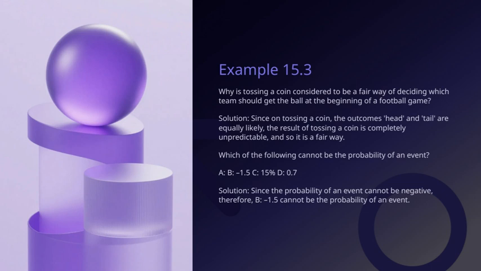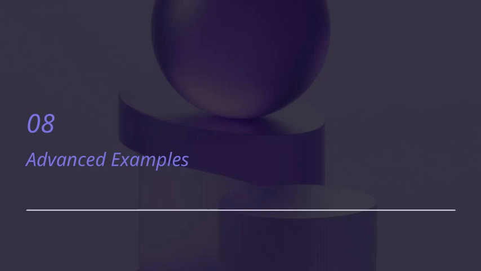This ties into the broader theme of probability, understanding how outcomes work and ensuring fairness in decision-making processes. So, a coin toss is a simple yet effective example of a fair chance, which helps us see how probability underpins everyday decisions.